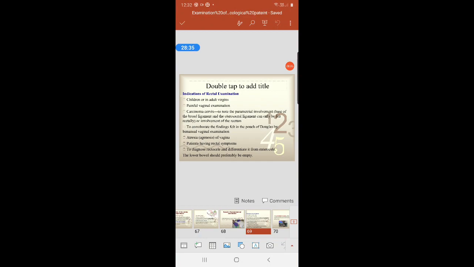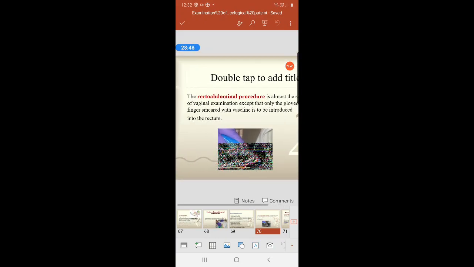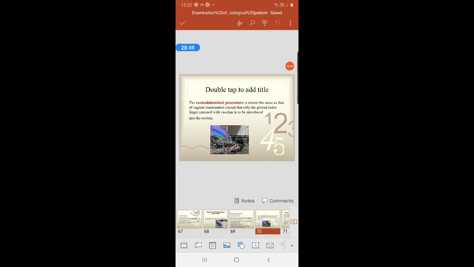Patients having rectal symptoms, and to diagnose rectocele and differentiate it from the enterocele, the lower bowel should preferably be empty. The recto-abdominal procedure is almost the same as that of the vaginal examination, except that only the gloved index finger smeared with any lotion is to be introduced into the rectum.